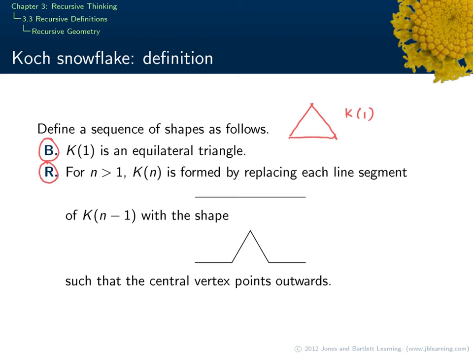K sub n is formed from K sub n minus 1 by taking every single segment in K sub n minus 1 that looks like that and replacing it with a segment that looks like this, where we have a tent in the middle. So if in K sub n minus 1 we have a segment like that, then in K sub n that segment is replaced by this new object.